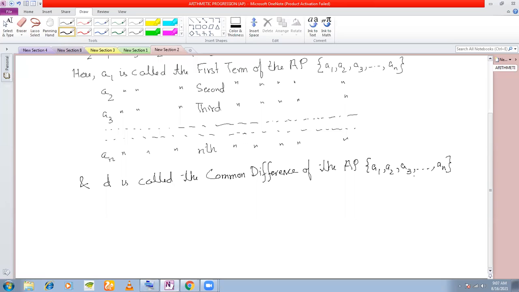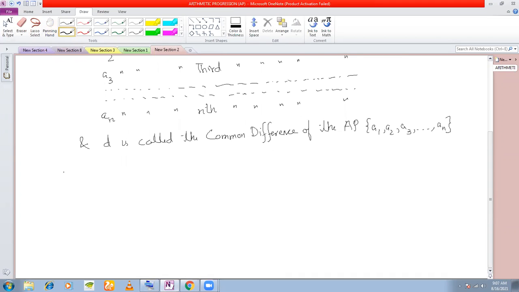So any set of numbers in which A2 minus A1 is equal to A3 minus A2 and so on up till AN minus 1, so any set of numbers in which this holds, it's called an AP. Okay, now let us see examples.